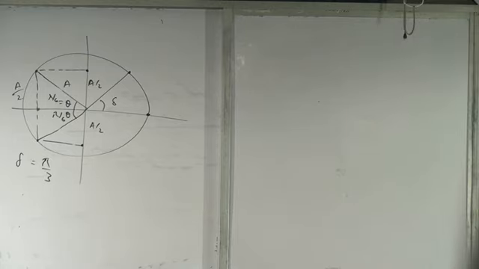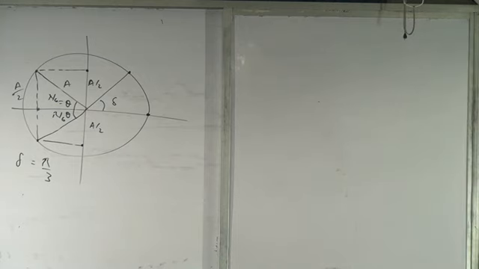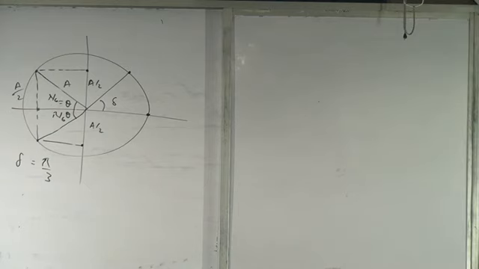When the displacement is the same, from which point do we consider the displacement? From the mean position. If the displacement is the same from the mean position, they have velocities which are opposite in direction and have a magnitude of 1.6 meter per second. Displacement same means we are taking displacement from the mean position.